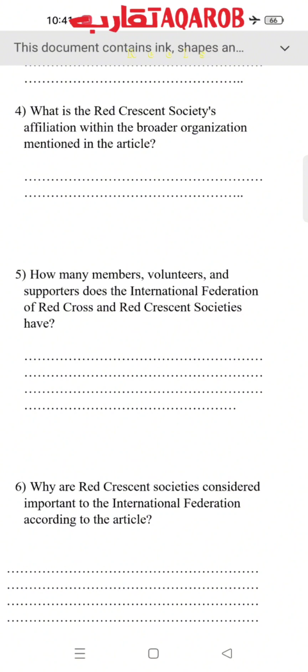This is the whole name of the federation. And part of this federation is the Red Crescent, which was founded in the Ottoman Empire, then spread around all the Islamic countries.